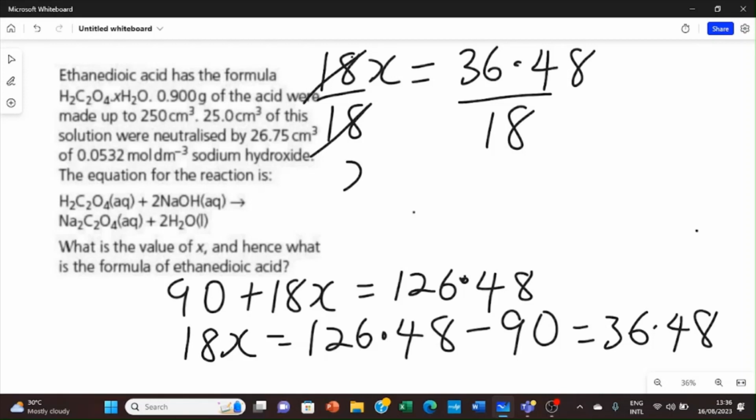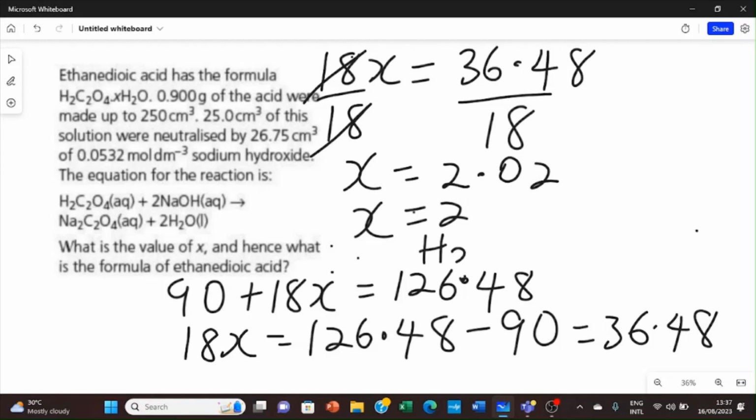Cancel out. X now will be equal to what? 36.48 divided by 18. So you have 2.02. So X is equal to what? 2 approximately. Therefore, the formula of the hydrated acid is H2C2O4.2H2O. 2 moles of what? Water.